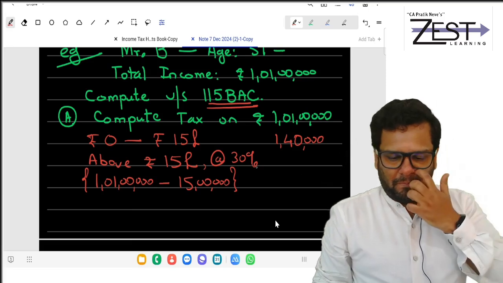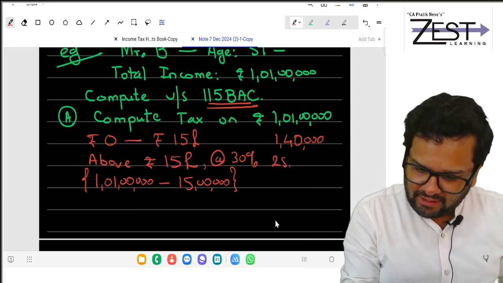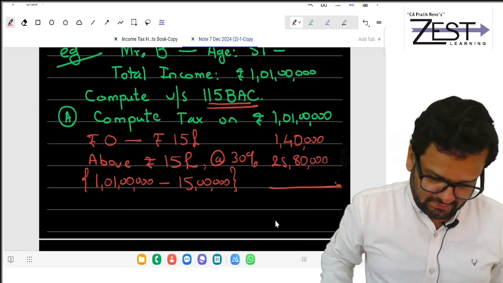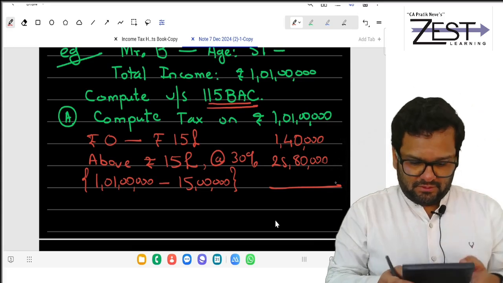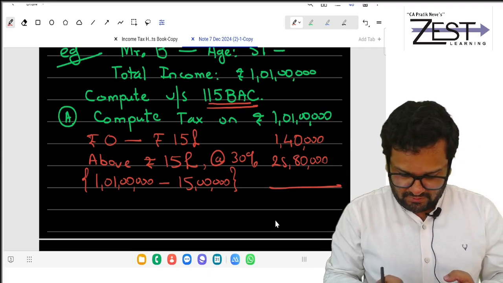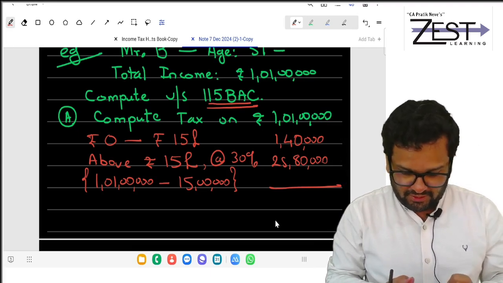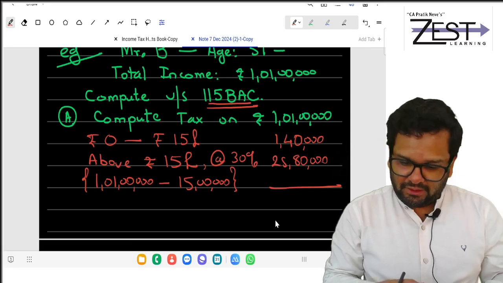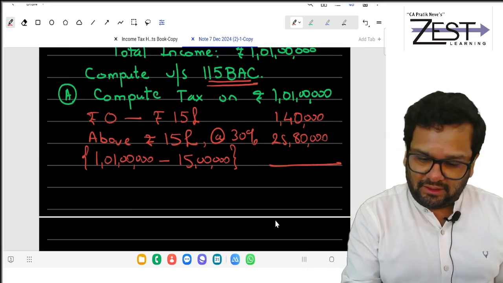May I know? 25 lakh 80,000. As a CA, I cannot trust the figures that you calculate. 25 lakh 80,000 is correct.